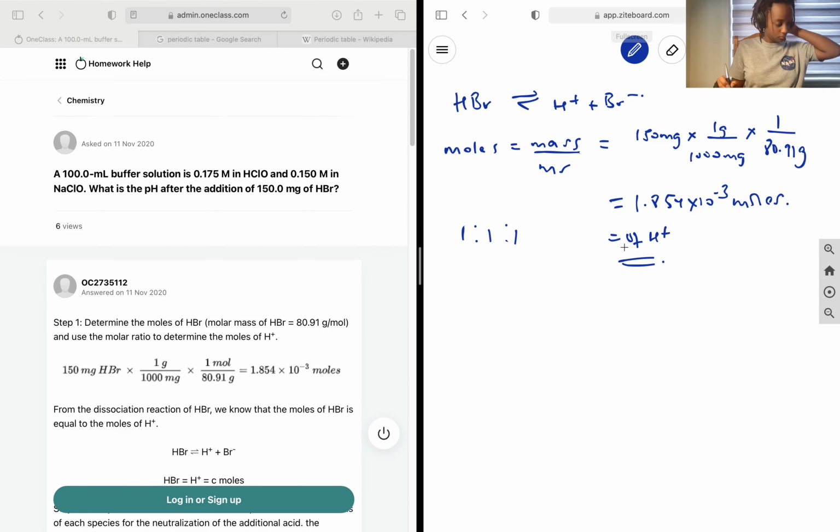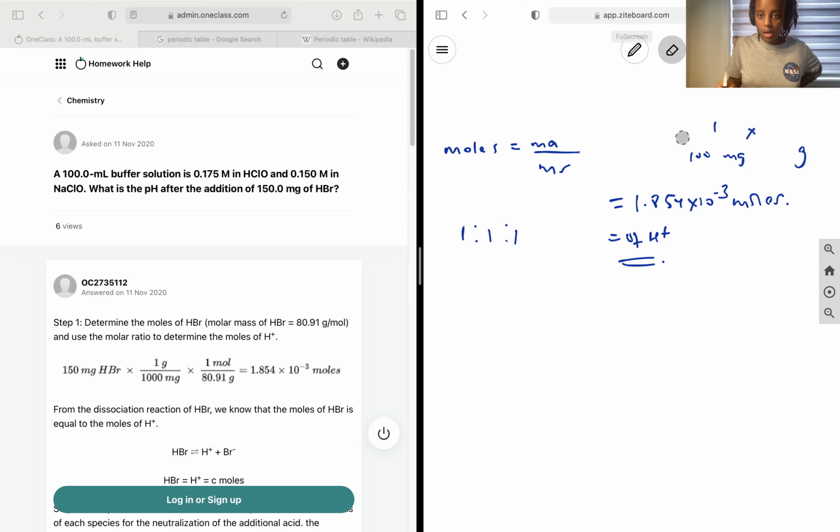And then next up, we're going to use an ICE table, but first we need to find out the initial concentrations of HClO and NaClO. So let's just note up here.